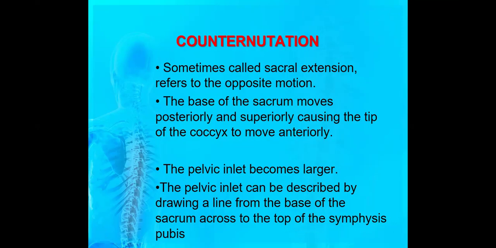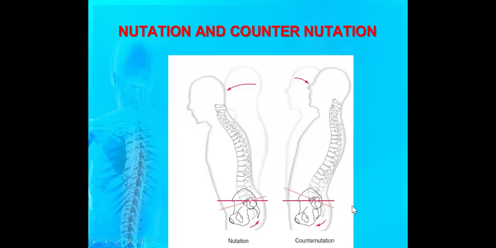So in counternutation, the pelvic inlet becomes larger, and it is defined by drawing a line from the base of the sacrum across the top of the symphysis pubis, as we have discussed.